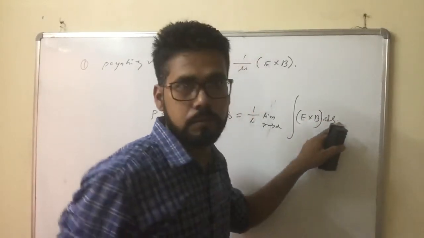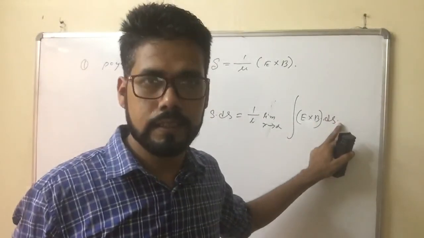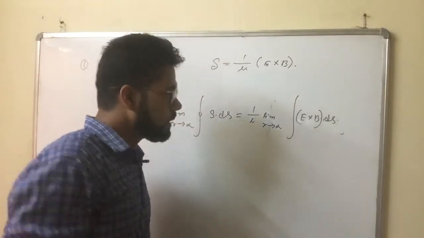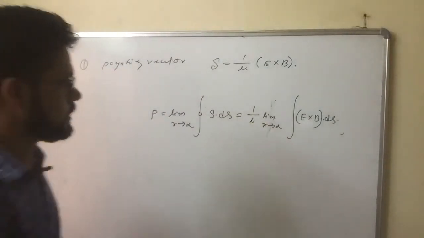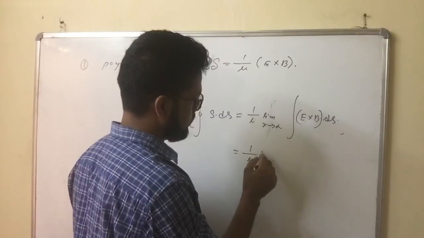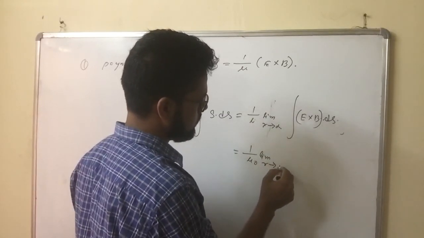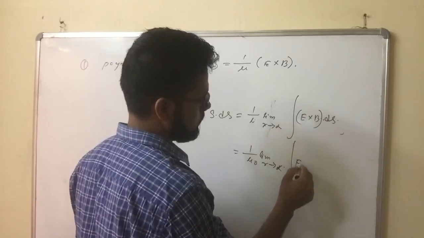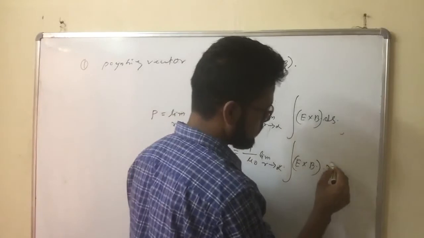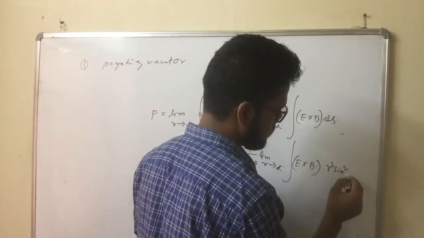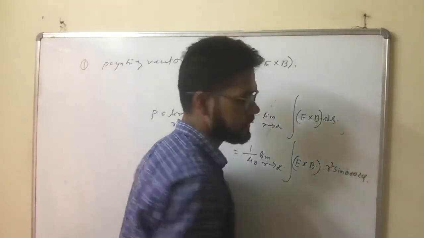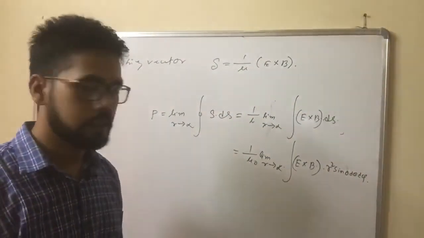Here ds in three dimensions is r square sin theta d theta d phi, not dr. Now if I simplify: 1 by mu naught, limit r tends to infinity, E cross B dot r square sin theta d theta d phi. This is the volume element in three-dimensional space.